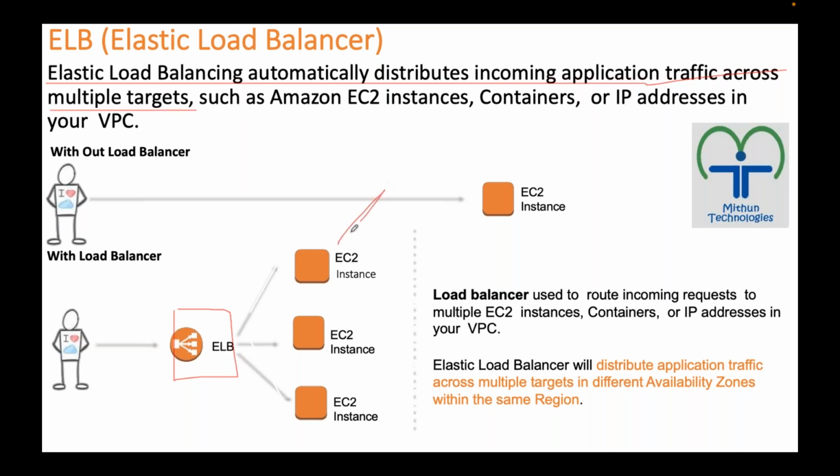The targets are nothing but your application instances where you have hosted your application. So a load balancer is generally used to route incoming requests to multiple EC2 instances.